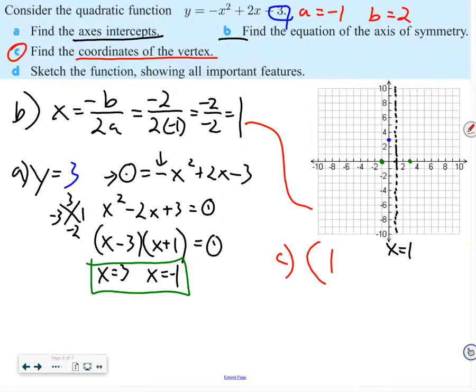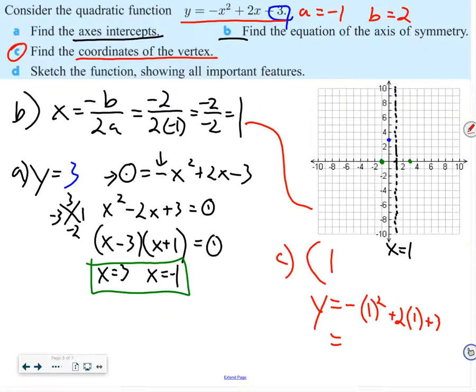Well, in order to find out my y value, I need to substitute that into my entire equation. So my y is going to be equal to negative 1 squared plus 2 times 1 plus 3.